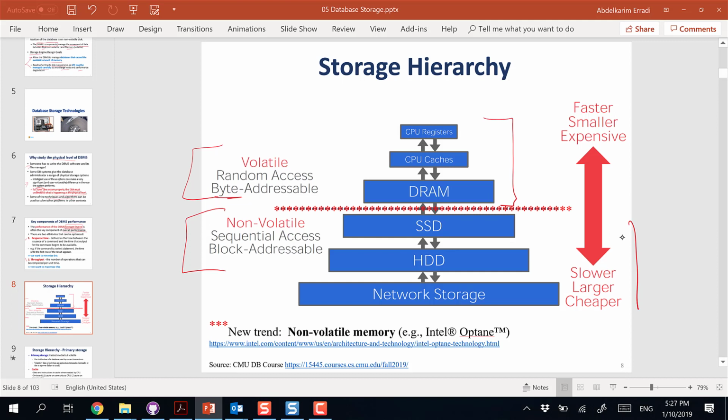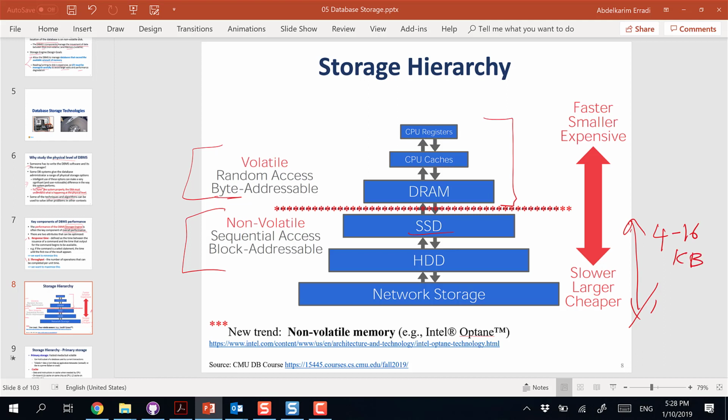In this non-volatile part, if we are lucky to have some SSD drives, solid state drives, or hard drives, or even network storage, we don't talk about bytes, we talk about blocks. And usually in practical databases, the block size is from 4 to 16 kilobytes.